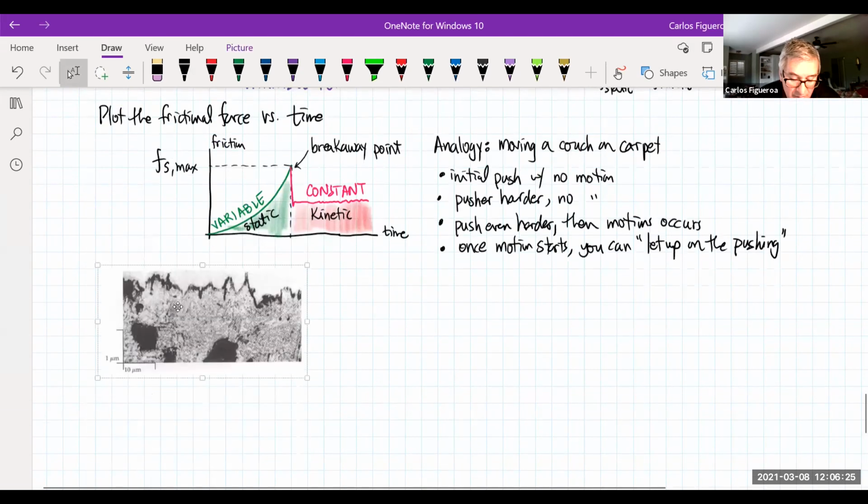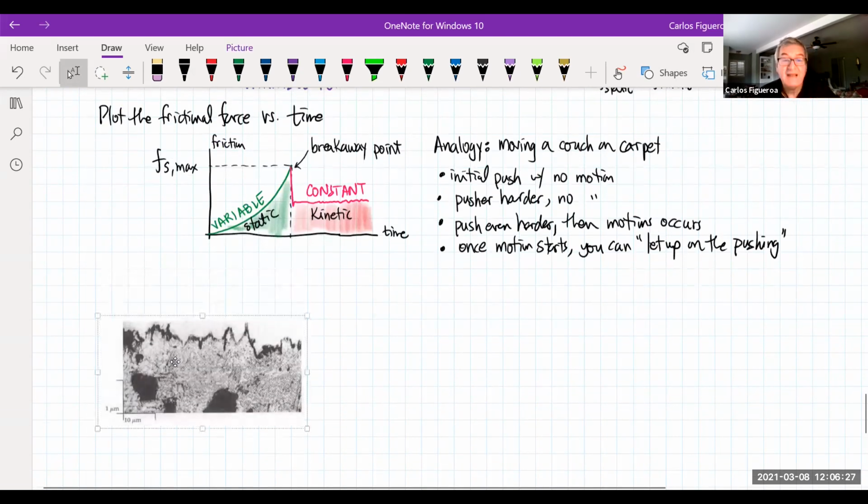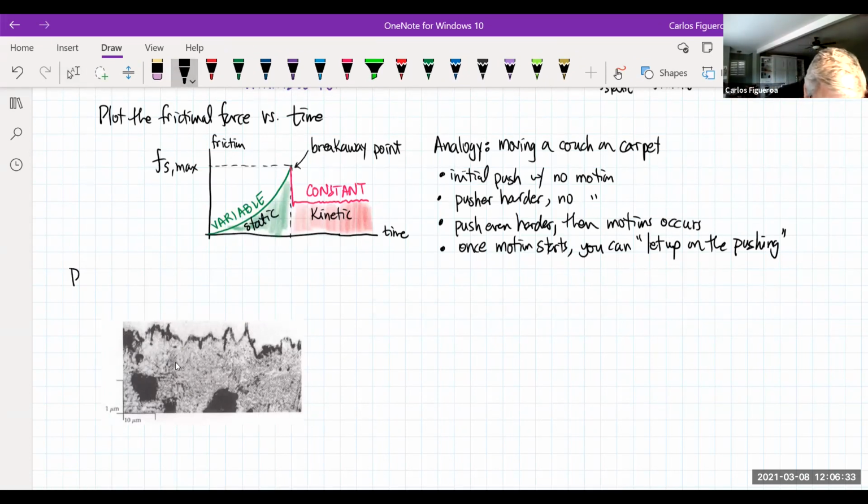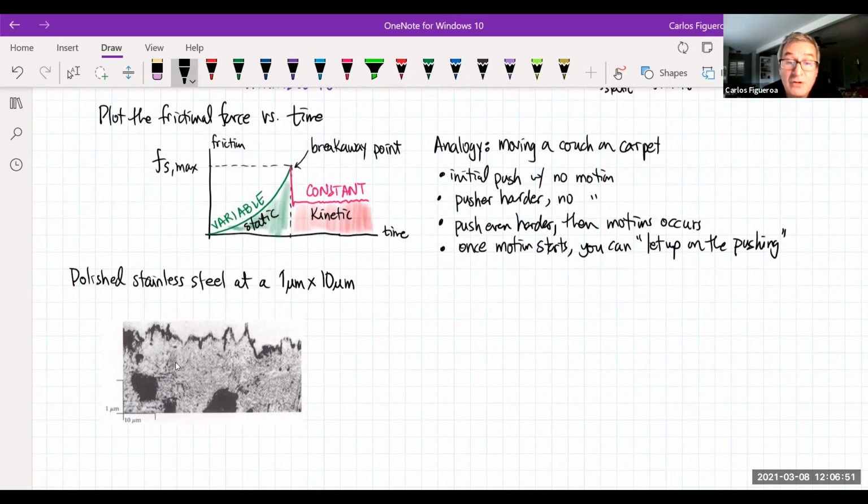And what I want to do here is that I have this image here. So let me share this image with you. This is polished stainless steel at a 1/10 micron scale.